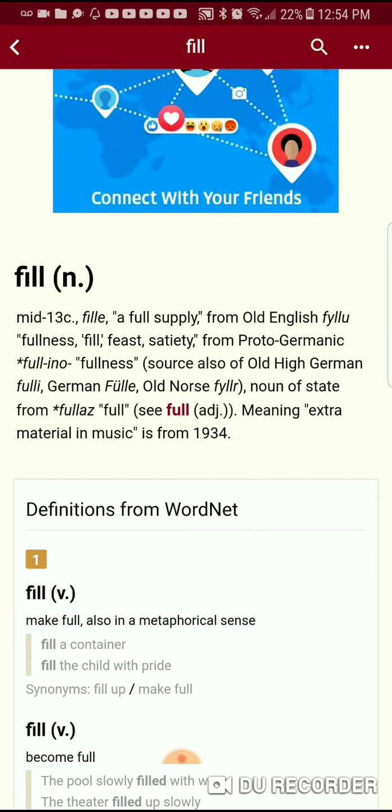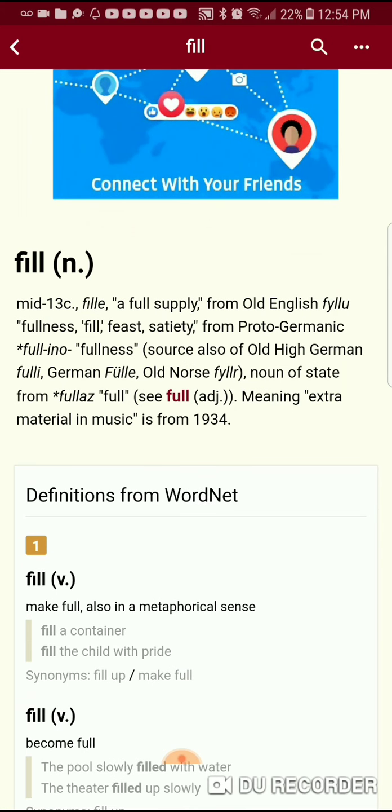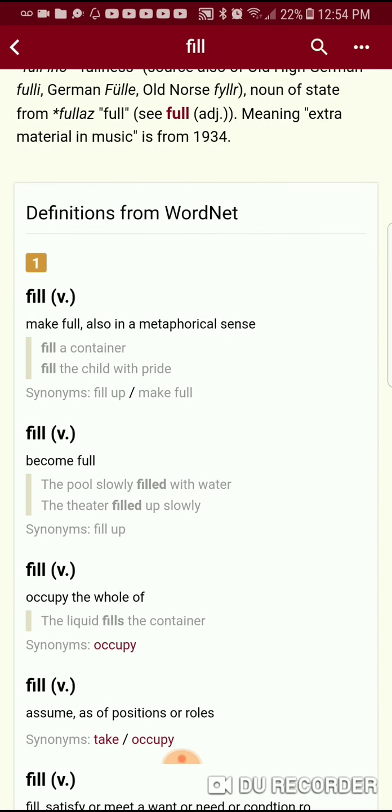Okay, so when he says stock the ships, well, stock is another thing, like stocks and bonds and livestock, and stock when we're talking about slave trade. Okay, the trade of people. Okay, so fullness, fill, feast, Saturday, fullness, full meaning extra material in music. Okay, so these are later things.